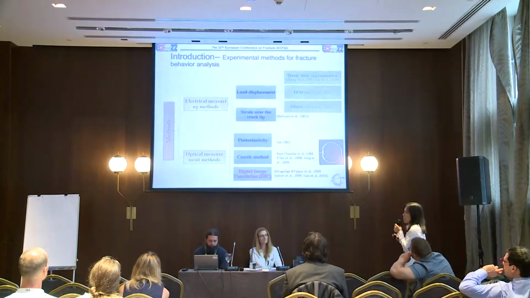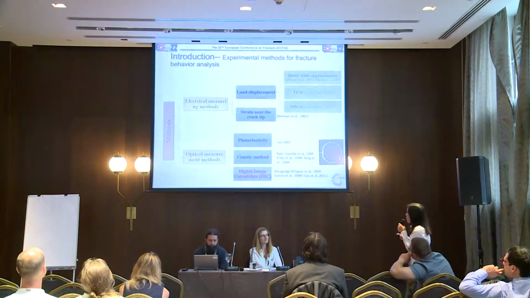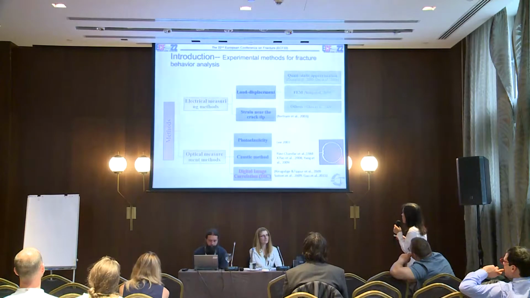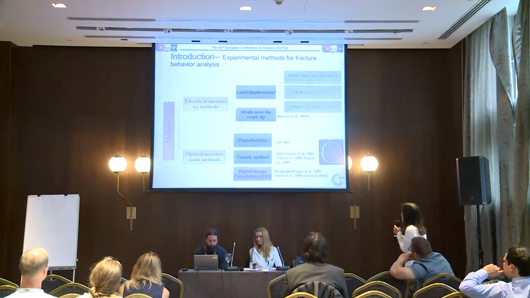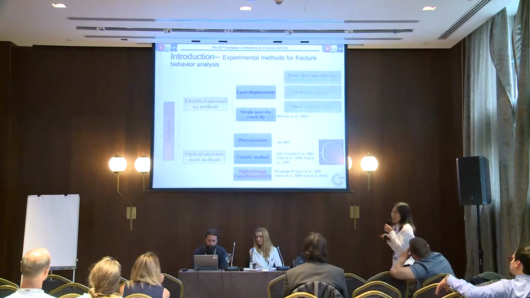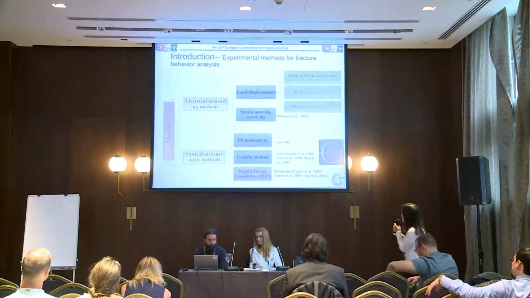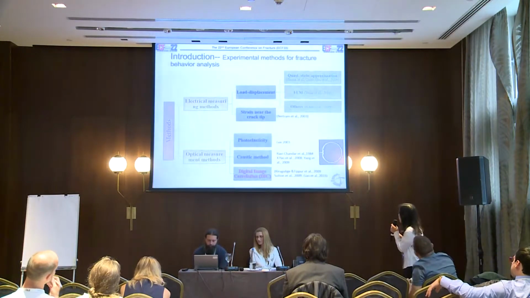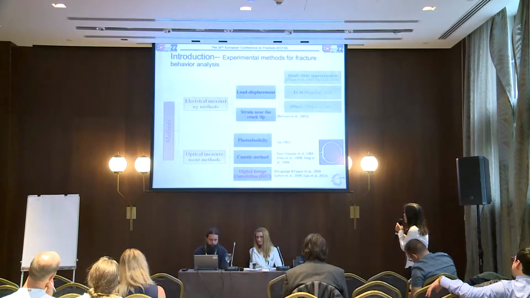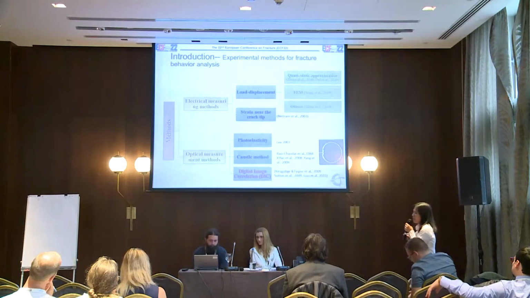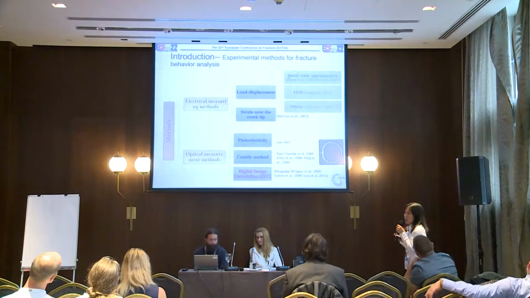For the dynamic fracture testing method, here I categorize into 2 kinds of methods: electronic measuring methods and optical measuring methods. The electronic measuring methods use the load-displacement information or the strain near the crack tip to calculate the fracture toughness or the fracture initiation time.